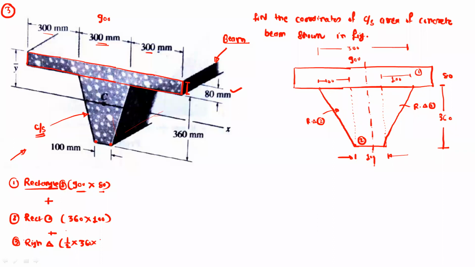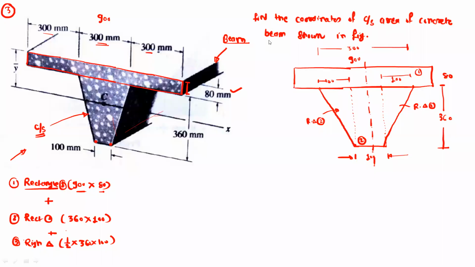Okay. So the area of that right angle triangle will be 1 by 2, 360 into 100. And again add the right angle triangle 2. The dimension is the same. It is 1 by 2, 360 into 100 mm.